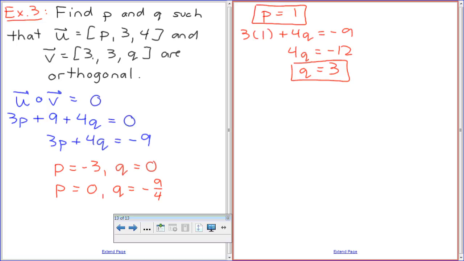The point is there's infinite solutions, and think back to what I was trying to show you with the meter sticks, right? There's an infinite number of orthogonal vectors here.